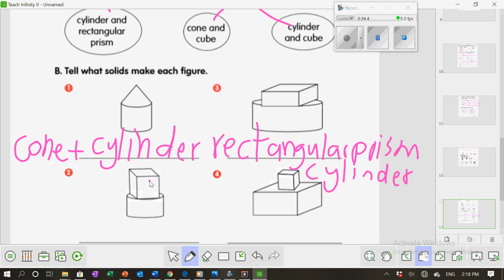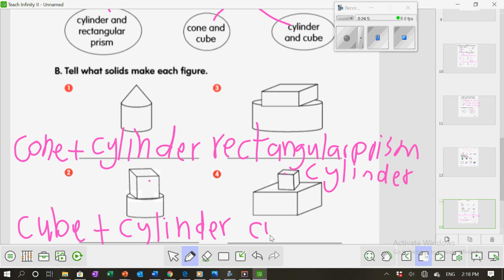Here, excellent, cube with what? With a cylinder. Here, perfect, cube with what? With a rectangular prism. And I will write prism here.